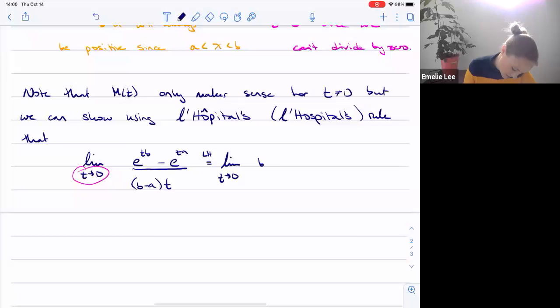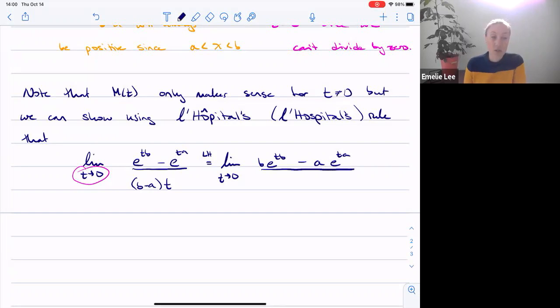So that becomes b e to the tb, chain rule, minus a e to the ta, over b minus a, which is a constant, times t, but the derivative with respect to t is b minus a. If I let t go to 0, I have e to the power of 0, and that's the benefit of using L'Hopital's rule: now I can do direct substitution.